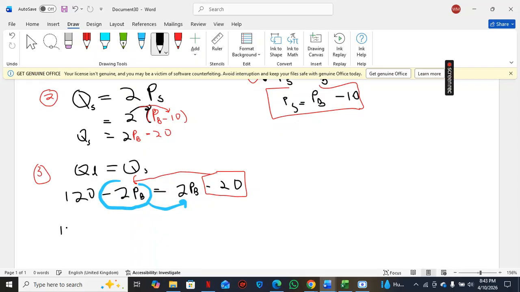So we're going to have 120 plus 20 equals 2PB plus 2PB.